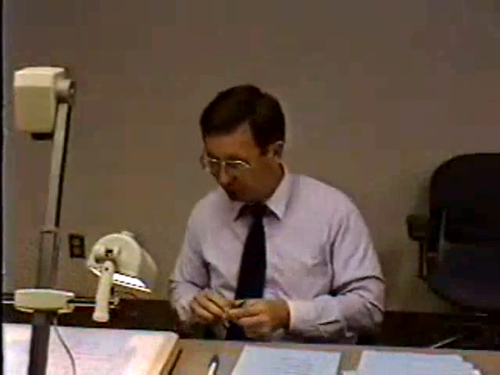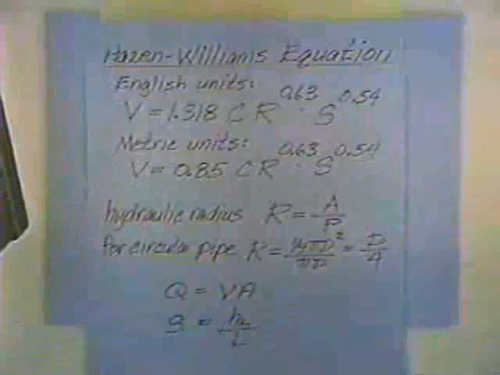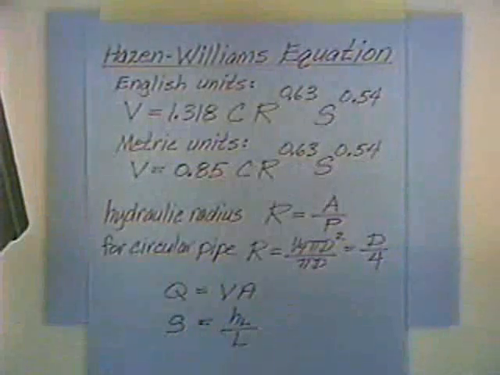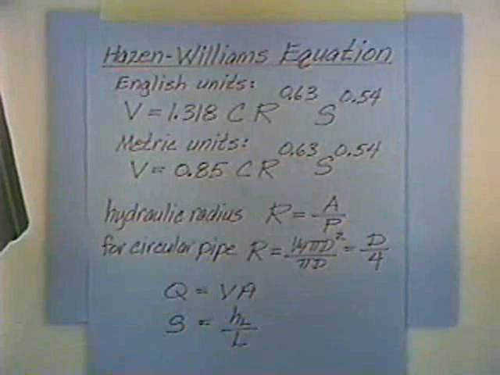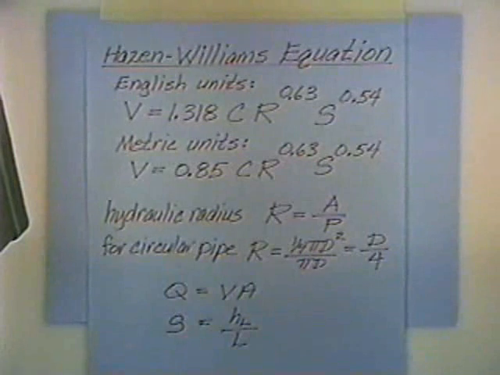This is not in your notes, and it's not critical to us other than to make the point that when you see the Hazen-Williams equation written in this format, it is the same equation. And this is in the same general format as we'll look at the Manning's equation when we get to open channel hydraulics.